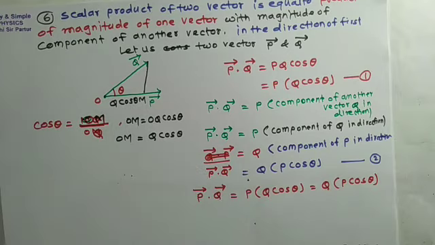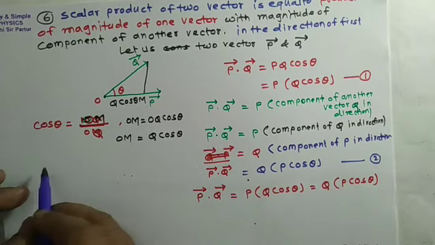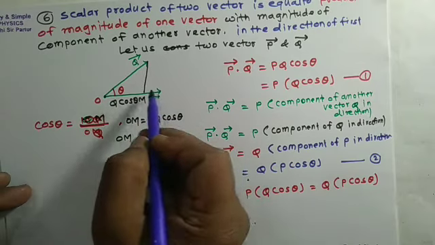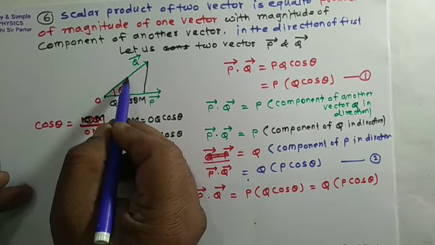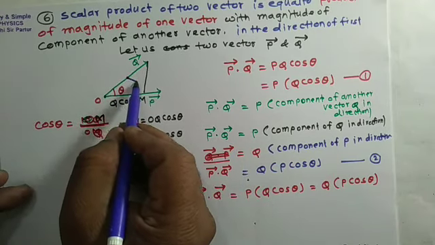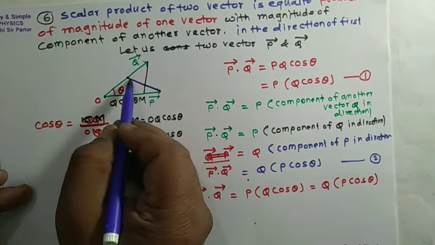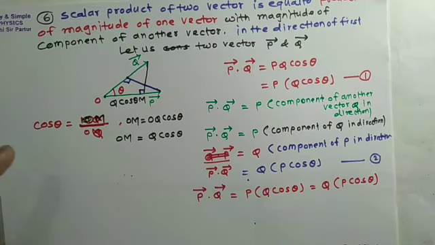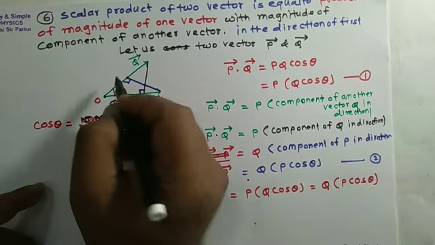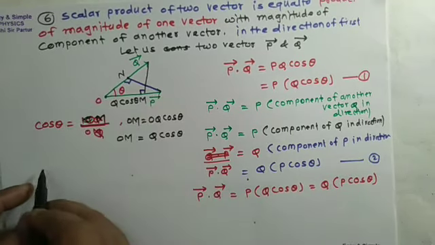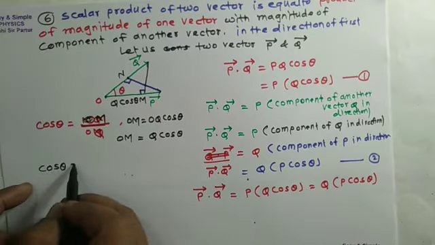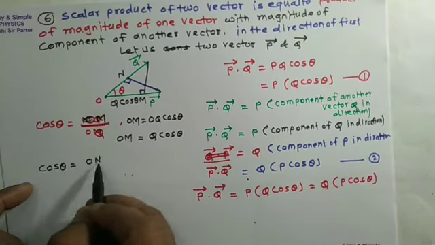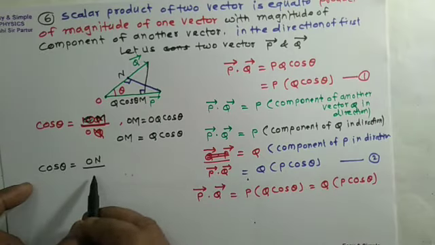But here we can say, if we draw a perpendicular from P on OQ, it is 90 degree. In that triangle at N, we can say that cos of theta is equal to ON upon OP.